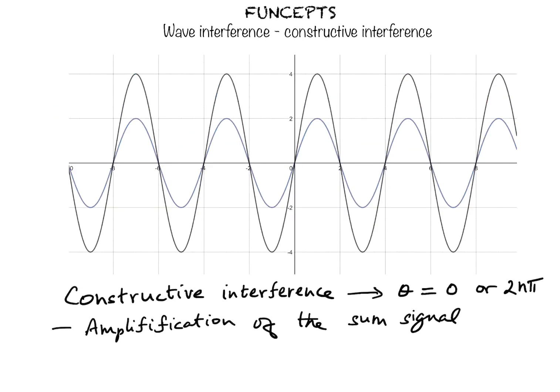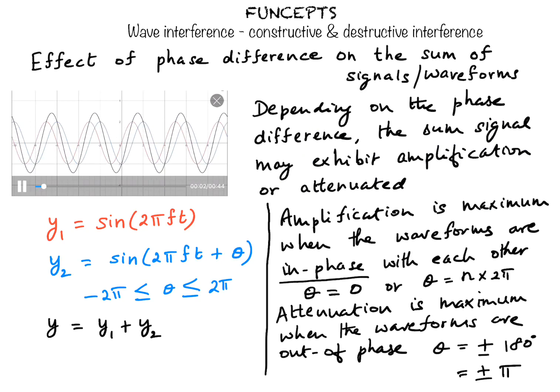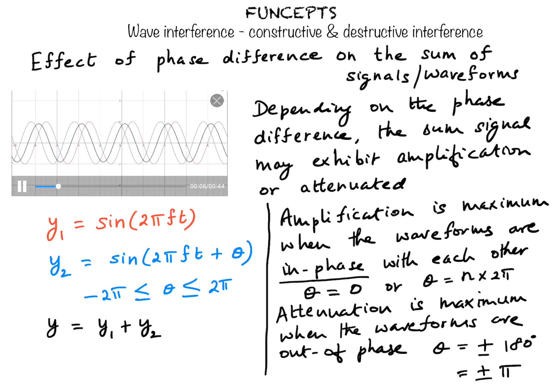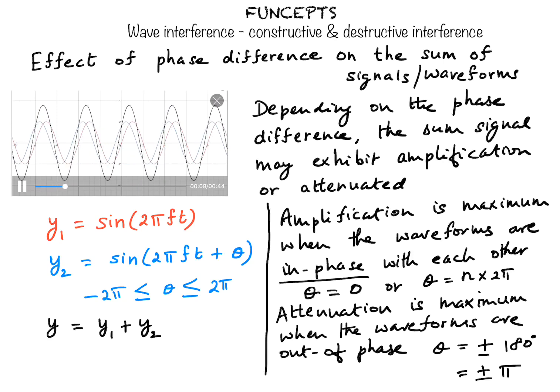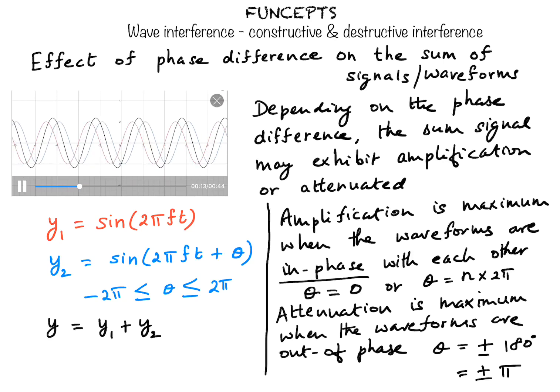And when the waveforms have a phase difference of 180 degrees, they will completely cancel out. For some other values of the phase difference theta, the amplitude of the resultant signal may be smaller than the amplitude of the original signals.